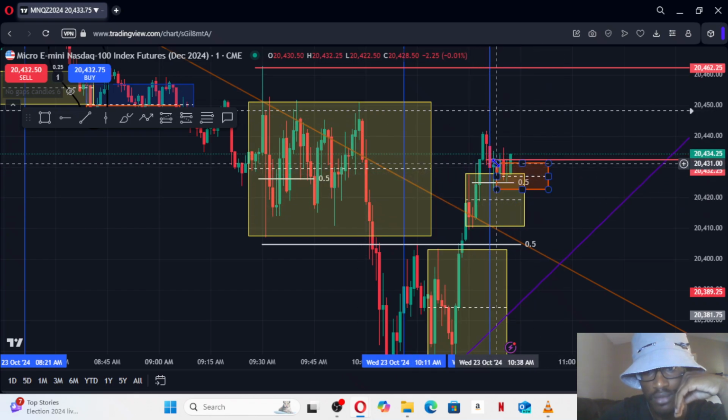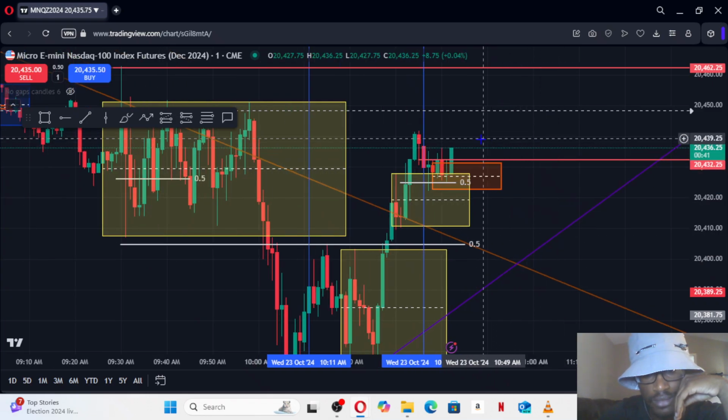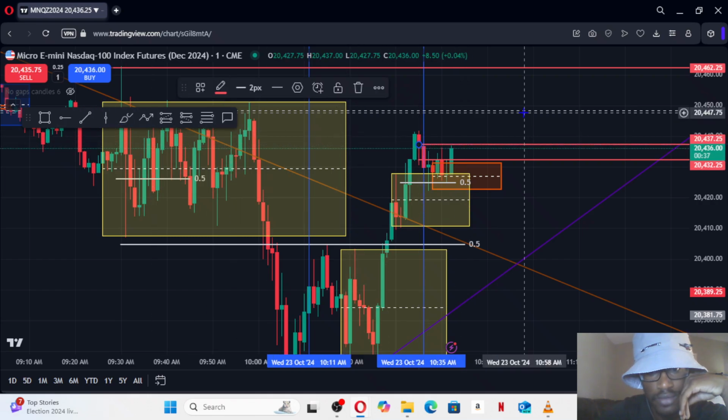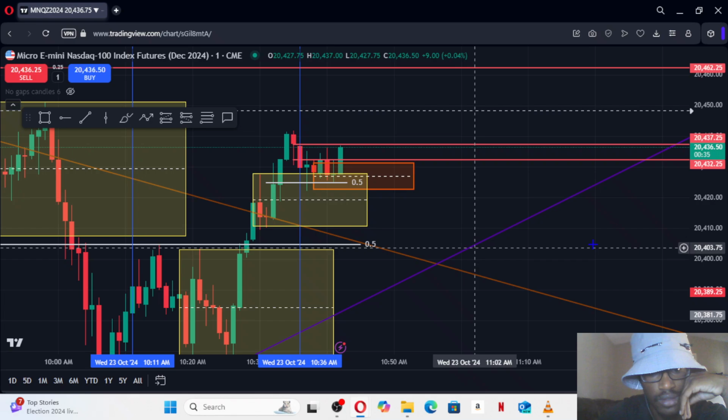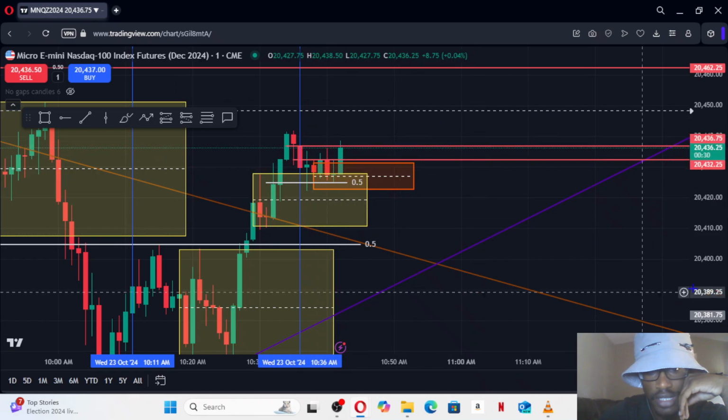When I need a wick, not a wick. There we go. But this is the flip I was looking for actually. So I might get it if we get a close above that.